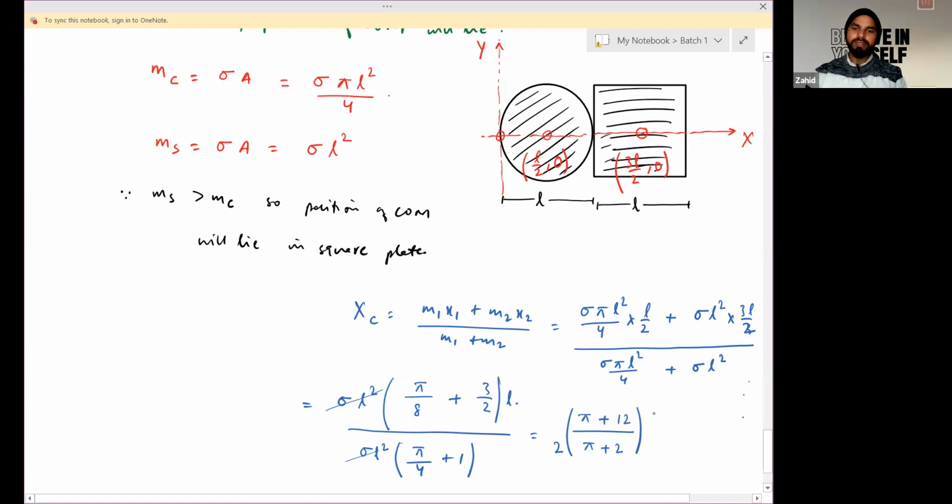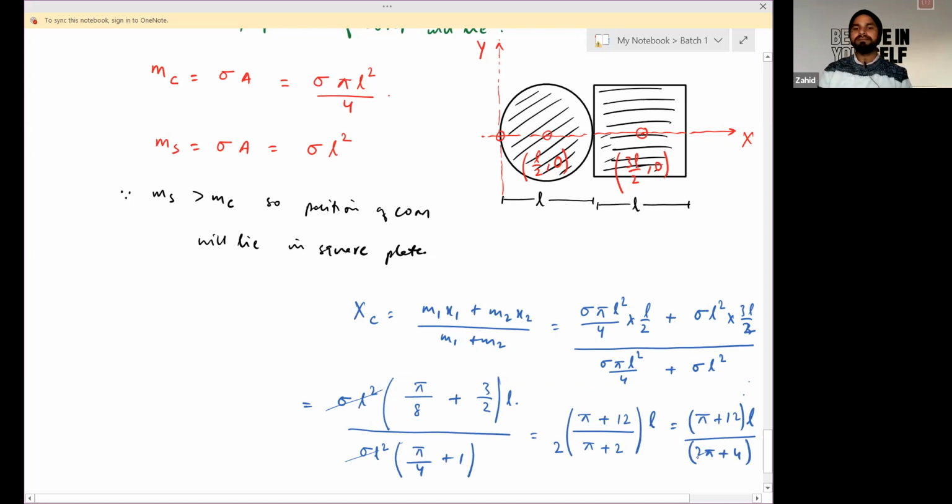So 2 will be at this point times L, or you may simplify it to get pi plus 12 times L divided by 2 pi plus 4. So this will be your final answer.